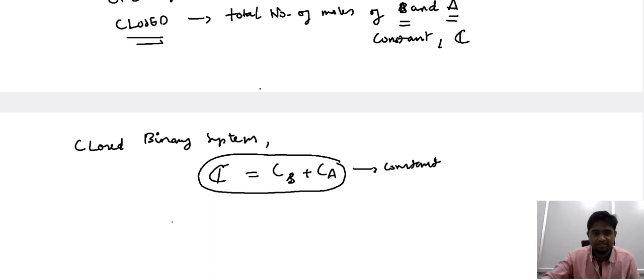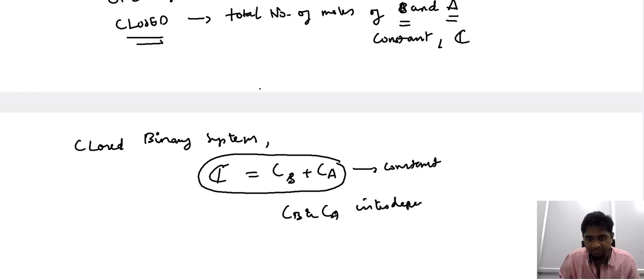So in that case, this relation is introduced. What we have essentially established is that CB and CA are interdependent. These are not distinct independent variables, but they are interdependent with one another.